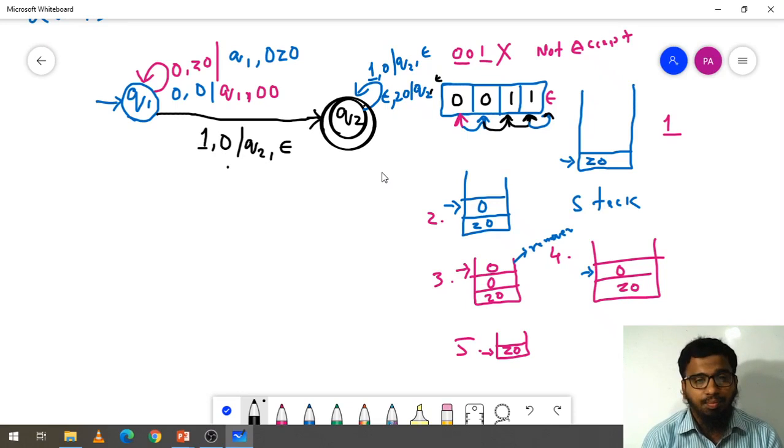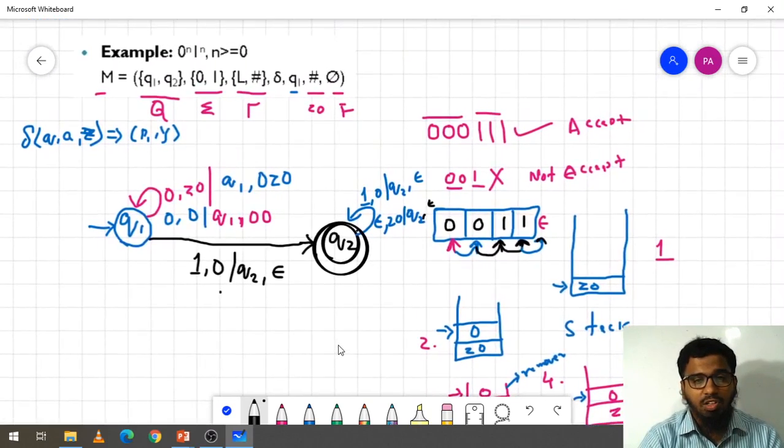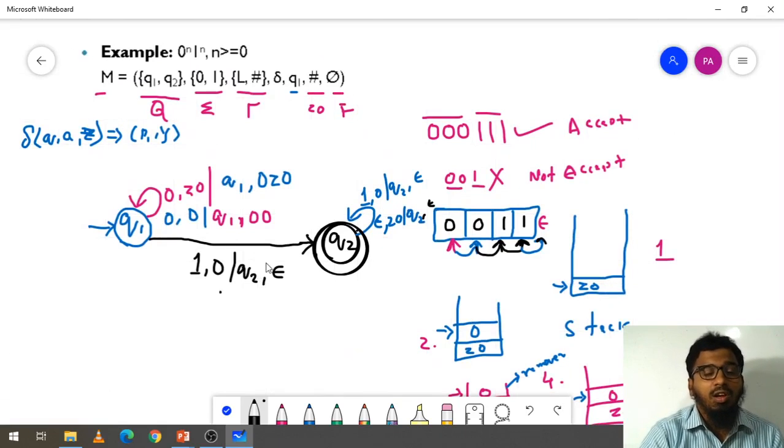But here, once again I will repeat this. As we have mentioned, whenever we have 0 power n, 1 power n, n greater than or equal to 0, at that time capital M means how many states will be there? 2 states, Q1 and Q2. 0 comma 1 are the alphabets, and gamma is whatever is present in the stack, and delta is the transition function.